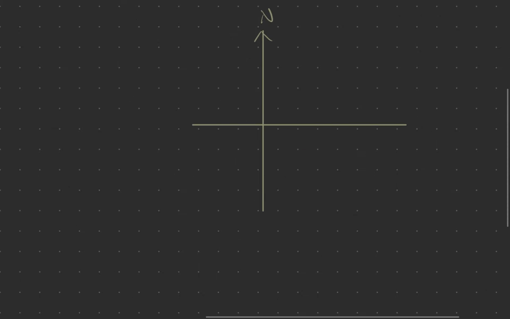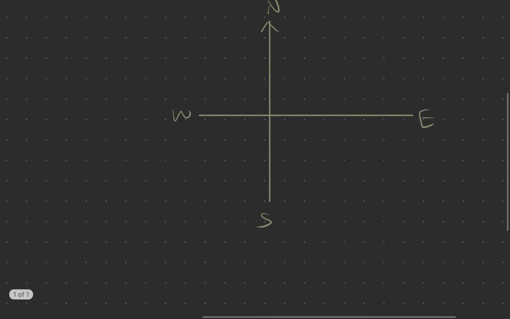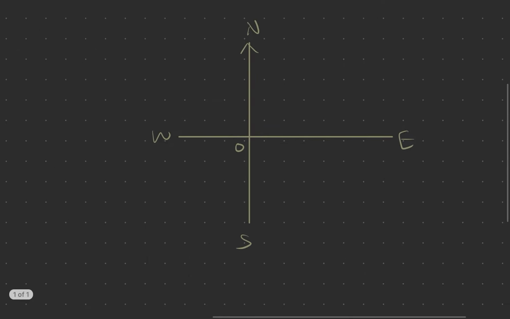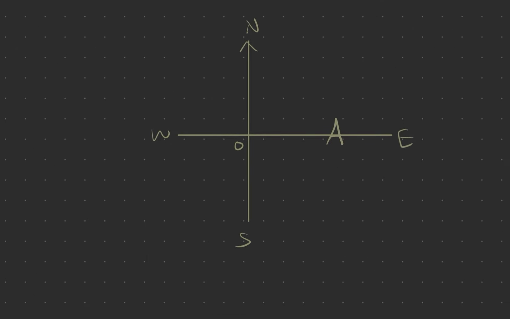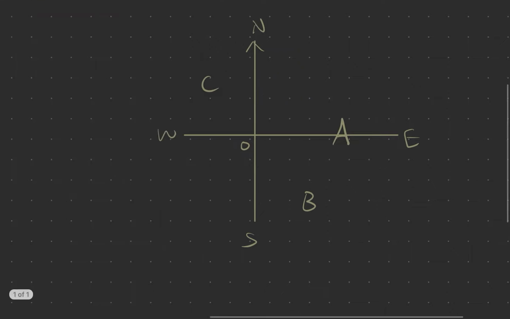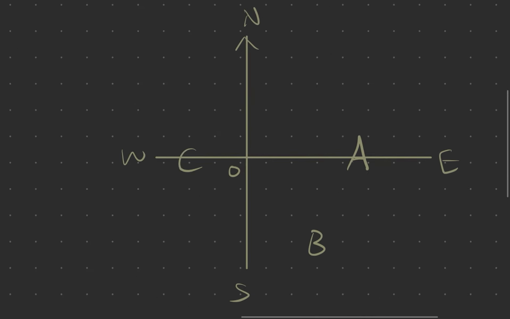Okay, so let's just do one quick example really quick. I'm gonna draw my cardinal directions again. This will be east, this will be south, and this will be west. Alright. From the origin, A, B, C, somewhere around there. Alright. No, wait, I want to do C here.